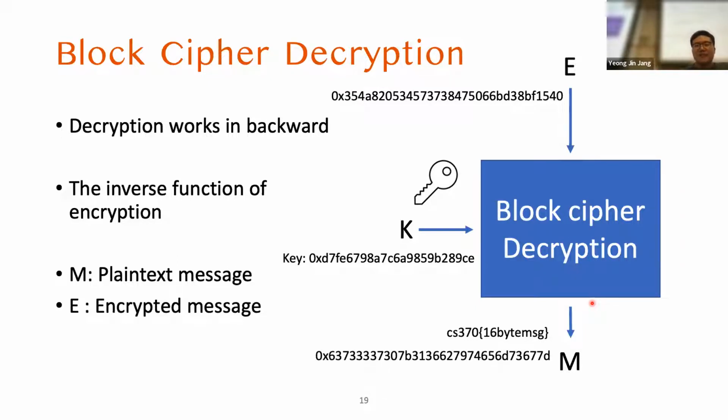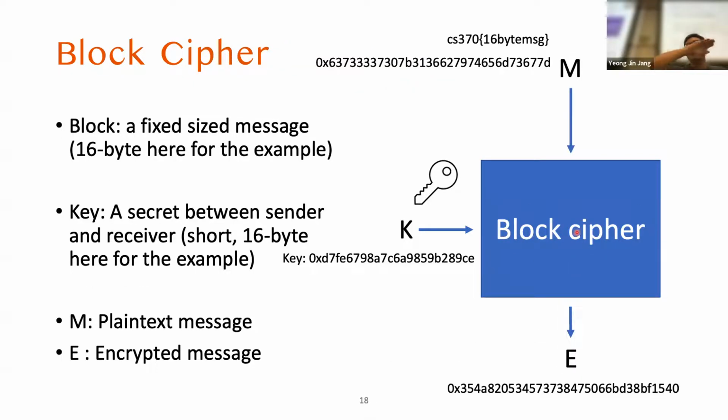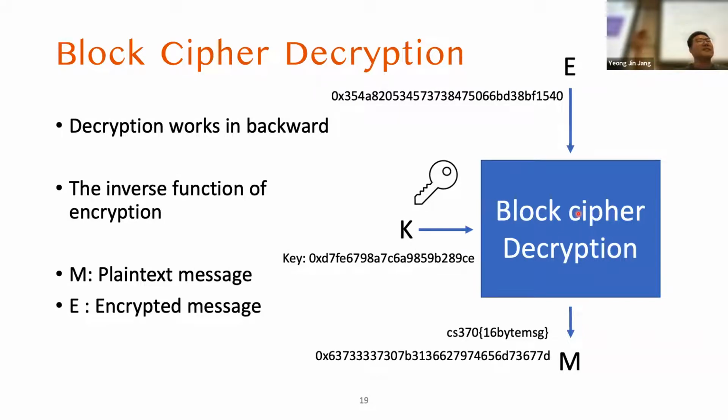So decryption means that we need to provide the same key to have the same kind of mapping. And then if we supply the ciphertext as an input, we get the plain text as an output. But the algorithm is not exactly the same. The encryption runs the algorithm forward, and then the decryption runs the algorithm backward, to get the correct value out of it.